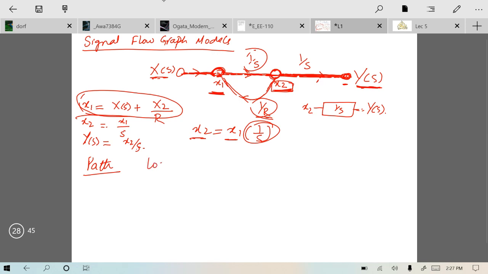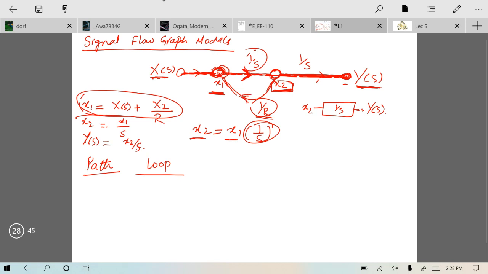Next thing is a loop. Is there any loop in the system? Yes, there is a loop in the system. How? A loop is a closed path that originates and ends at the same node. For example, if we are at x1 and we move following this arrow, we move from x1 to x2.